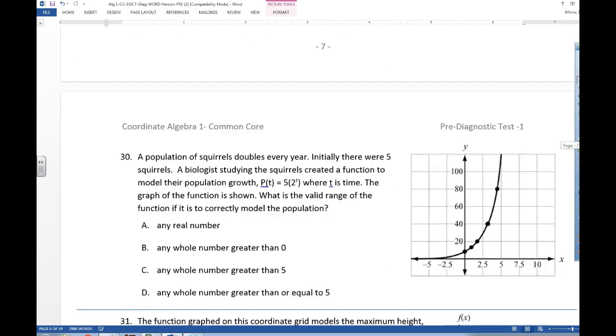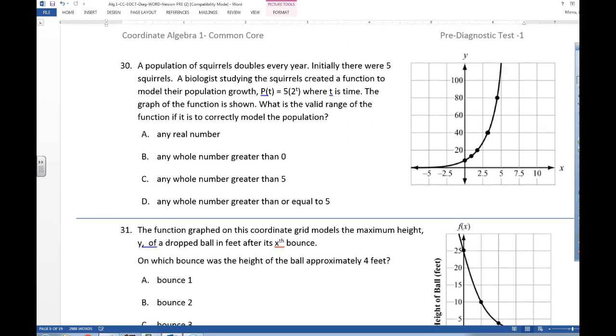Number 30. A population of squirrels doubles every year. Initially, there were 5 squirrels. A marine biologist studying, not a marine biologist, sorry, just a biologist. It'd be strange for a marine biologist to be studying squirrels. Anyway, back to the problem.